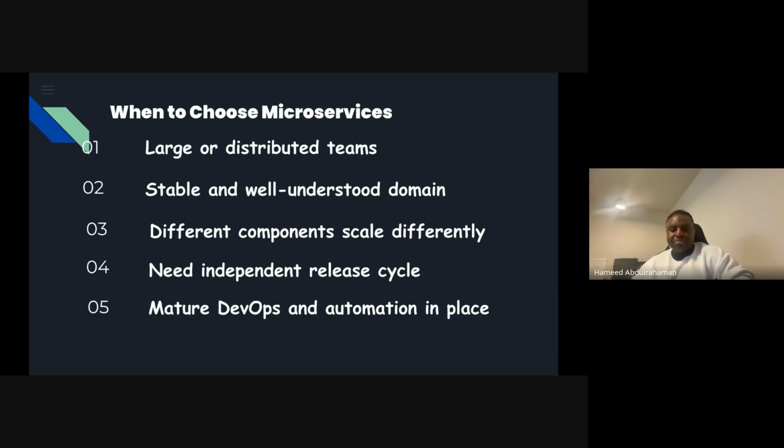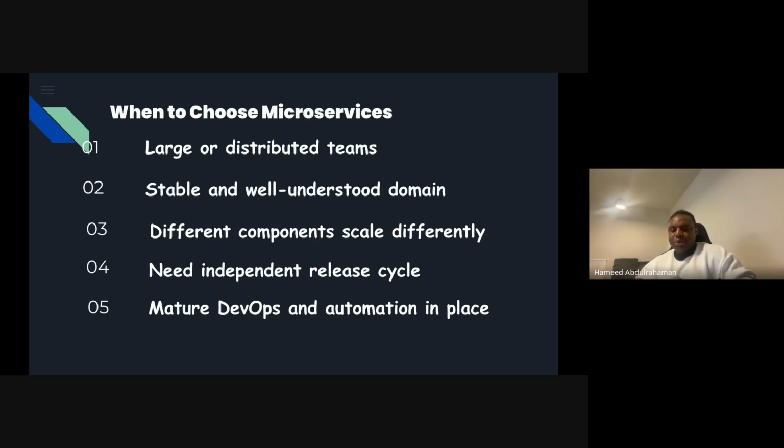And also maturity of DevOps and automation in place. When you have mature DevOps teams and automation in place, like the code, the Git pipeline, whatever pipeline it is that would automate the integration of services or communication within these services, it's important to have them in place for you to choose microservices. Because if that's not in place, then there will be a lot of issues.